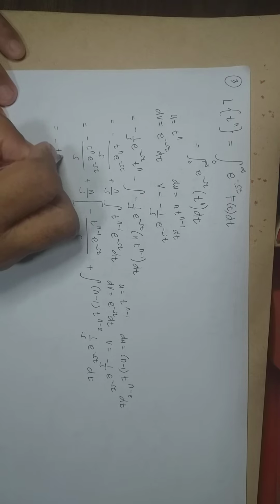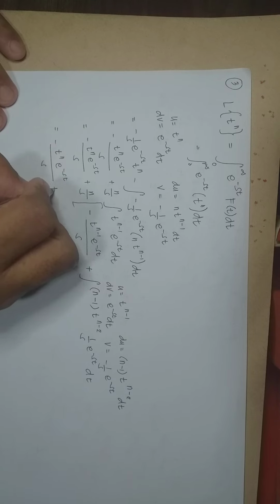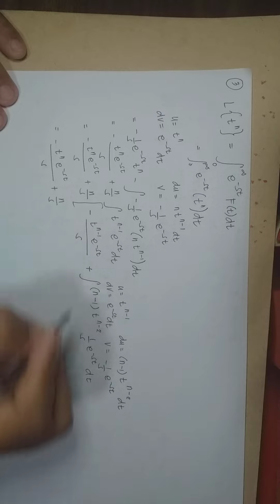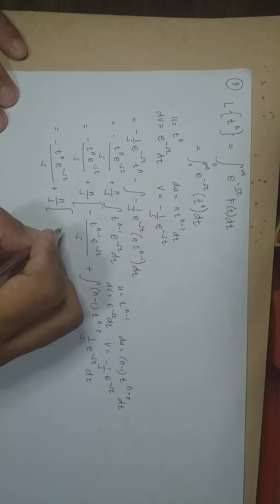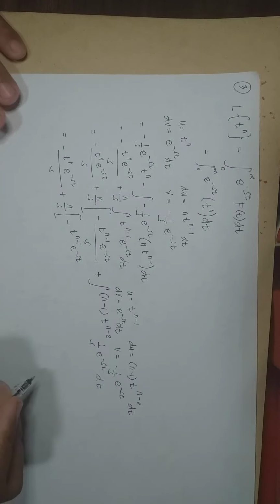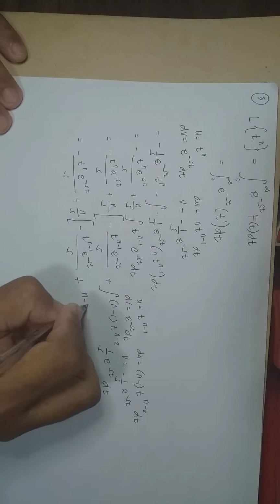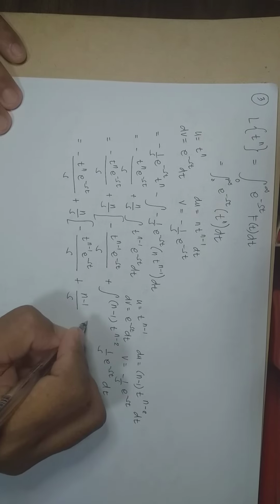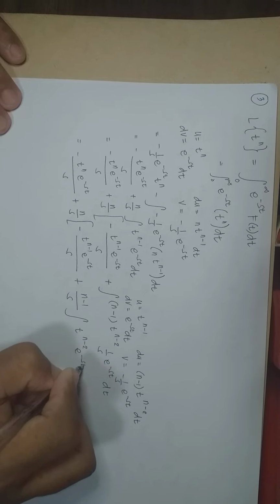Simplifying this, we have negative t raised to n e to the negative st over s plus n over s times negative t raised to n minus 1 e to the negative st all over s plus n minus 1 over s, the integral of t raised to n minus 2 e to the negative st dt.